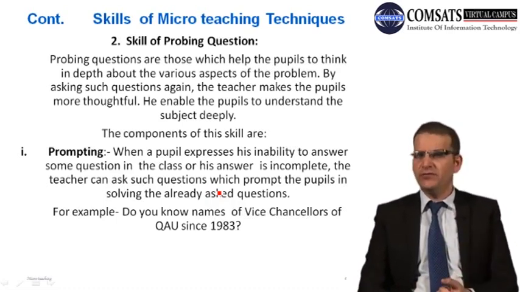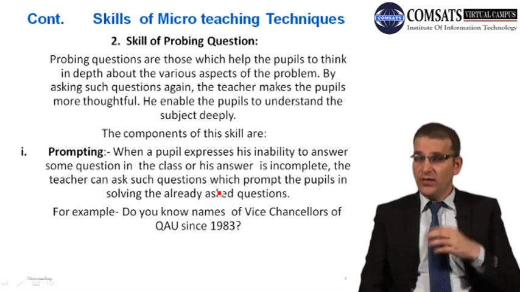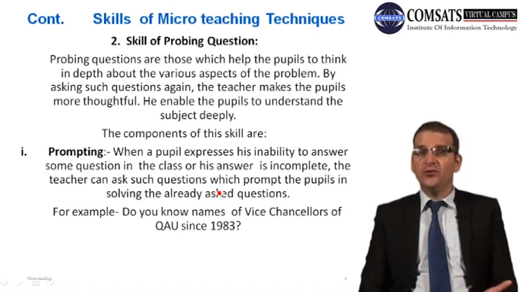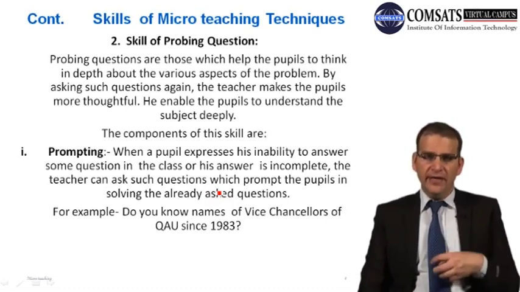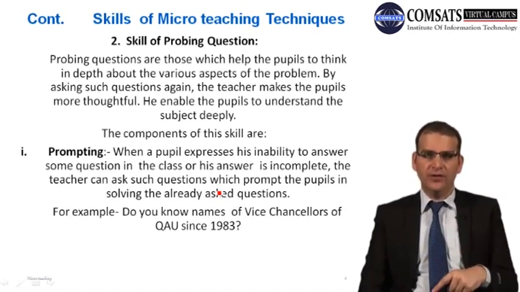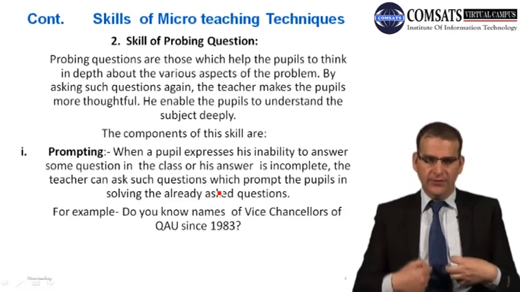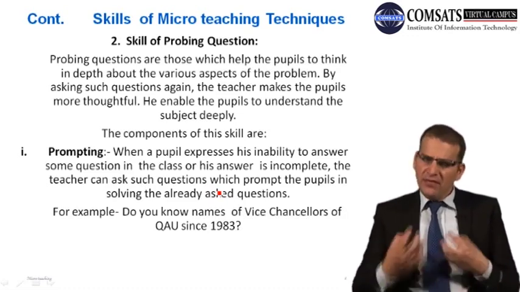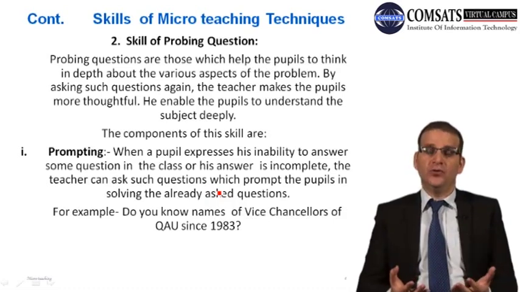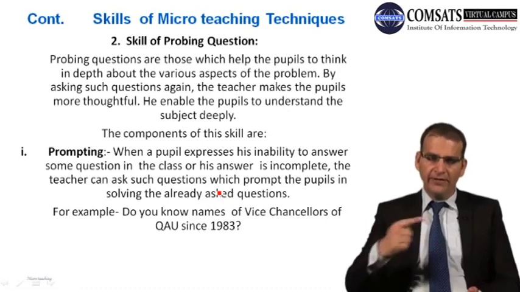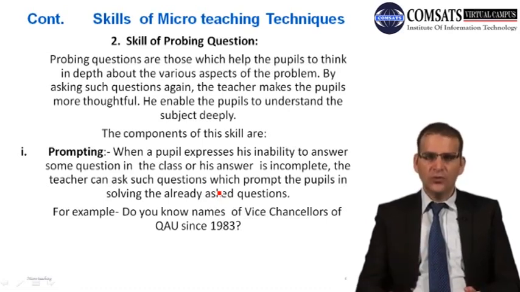You must have observed that once a question is asked by the teacher, and if he fails to get the answer that he expected, it doesn't mean that the student should get the answer as per his desires. So the teacher comes and tries to rephrase the question. The teacher thinks he might not have phrased the question well, so he tries to make it simple. Right? So this is prompting, in fact: saying the question again.